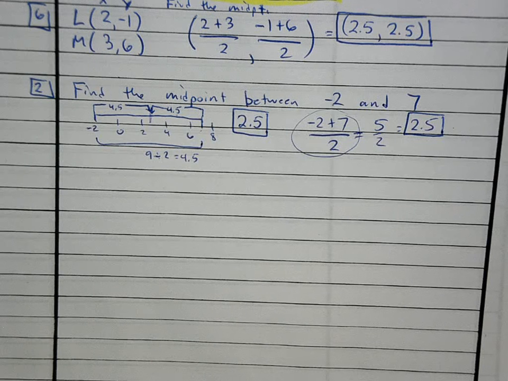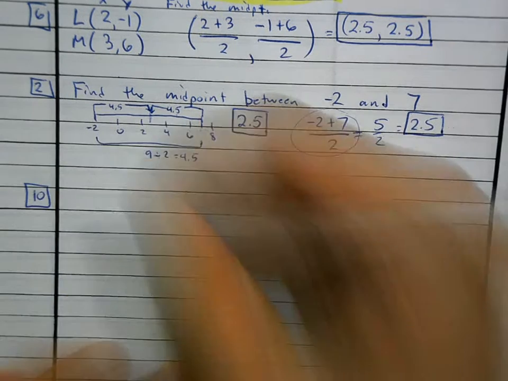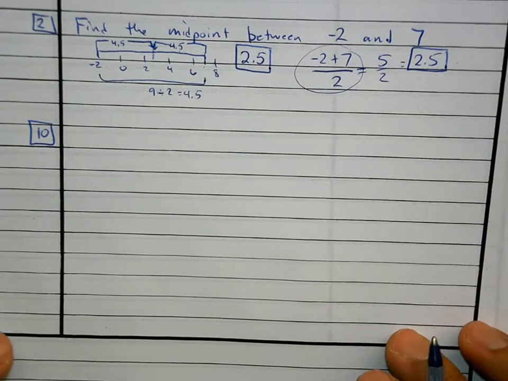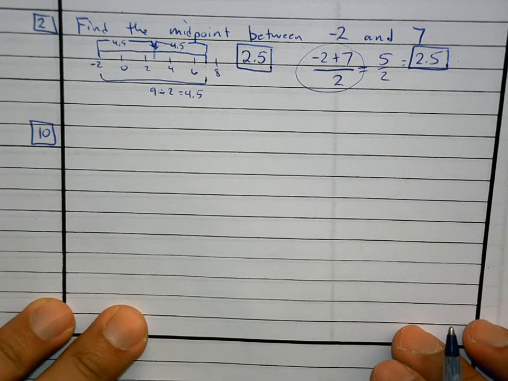Let's see. I'm contemplating. Oh, no. I got to do number 10. Here's number 10. The coordinates of point S are given.